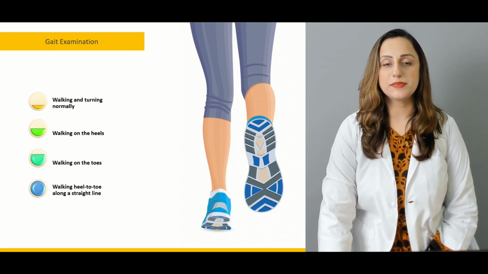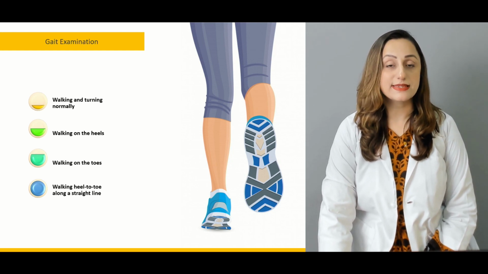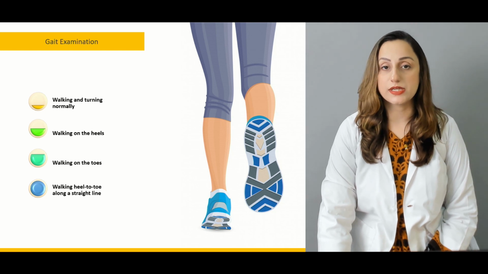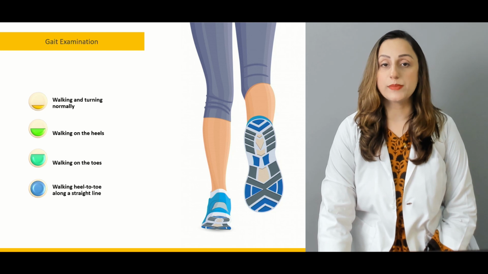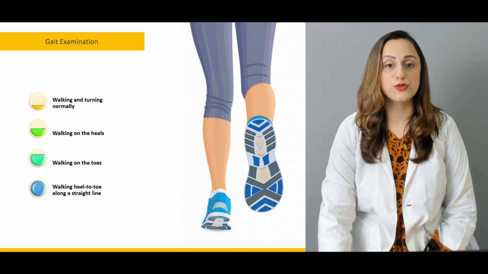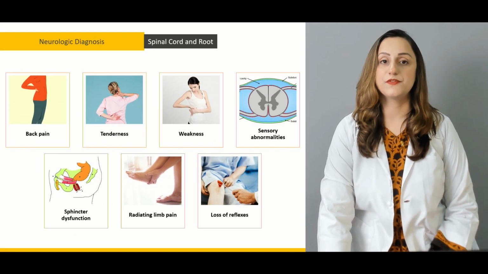Gait examination basically includes the assessment of the gait or the walk of the individual by the physician, and any abnormality that is detected is going to be documented by the physician.